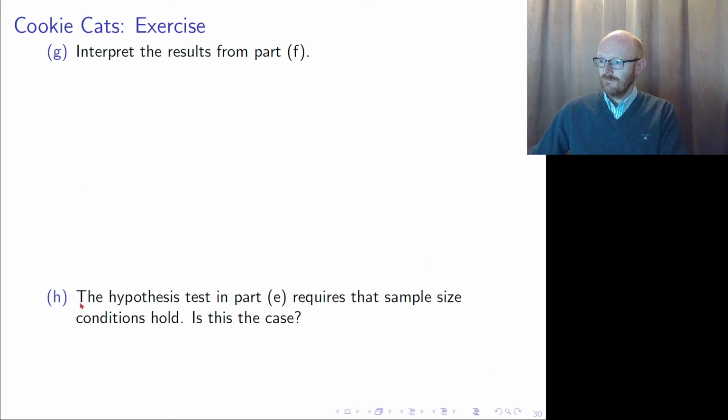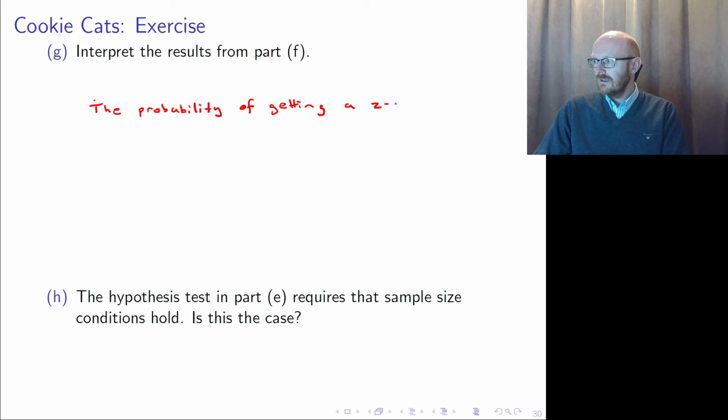Okay, and actually we can write it, interpret the results from part F. Let's say the probability of getting a z value, just remember that the z value is really the difference in proportions as measured in standard errors, okay?